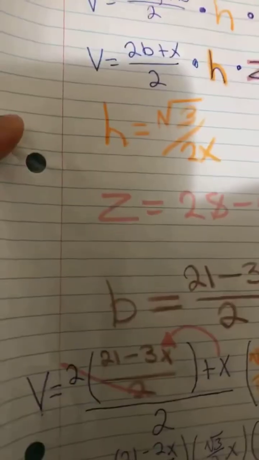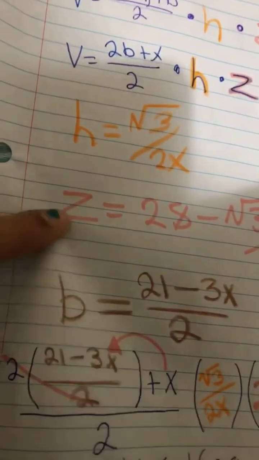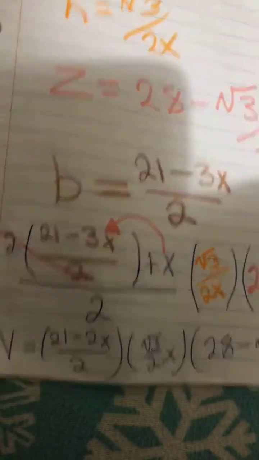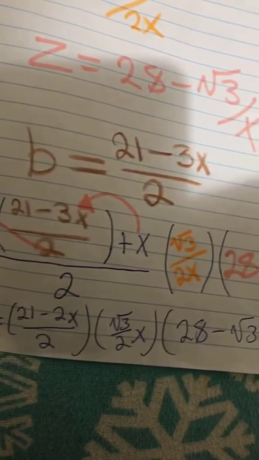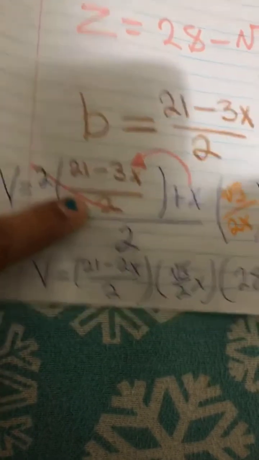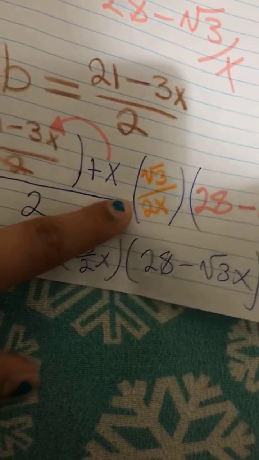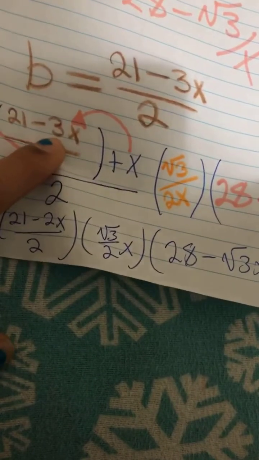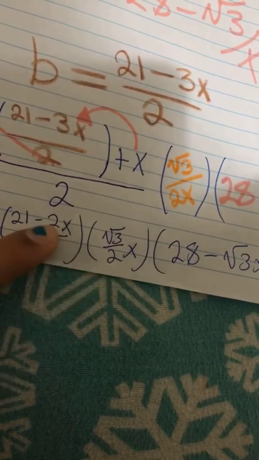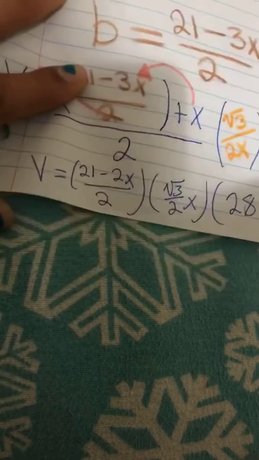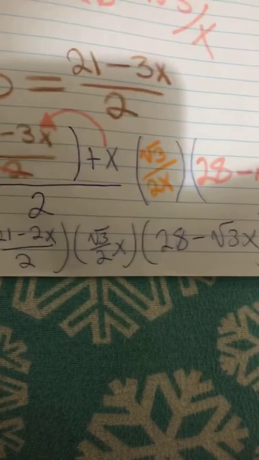And then we already solved for our h, our z, and our b equation. We plug them all in, and then these two cancel out, and x and negative 3x means it'll be negative 2x. And that's how we get our equation and plug it in the calculator.